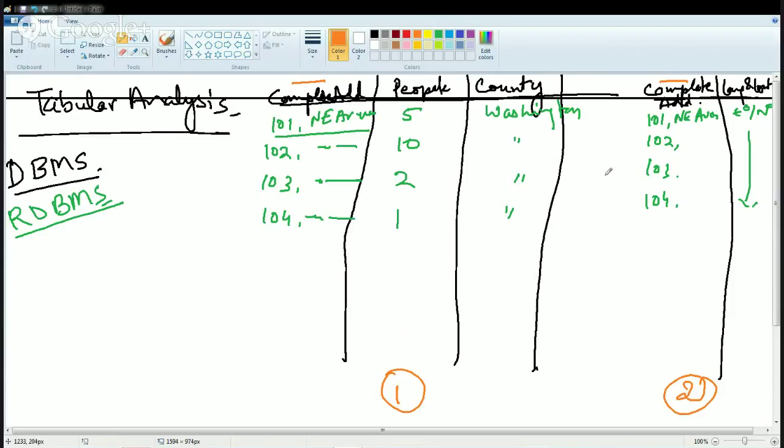So now I can merge this table and this table. How? Because the complete address is the same for both tables. Within this table, I can add another column, that is latitude and longitude. So that is what a relational database management system is.